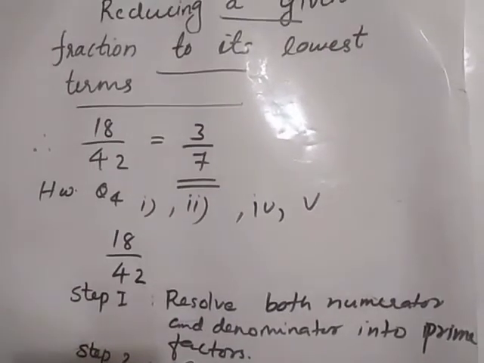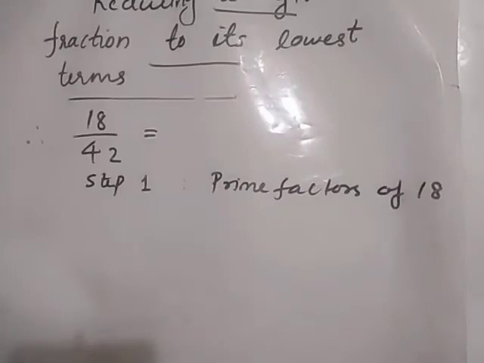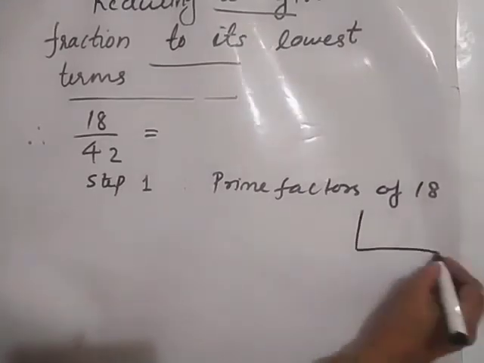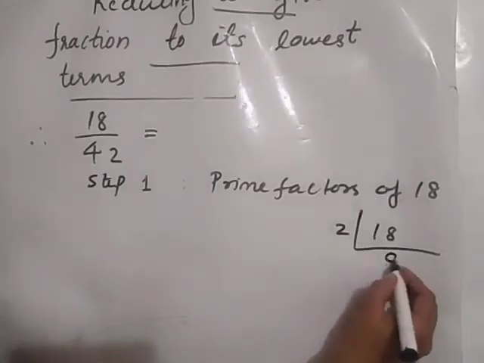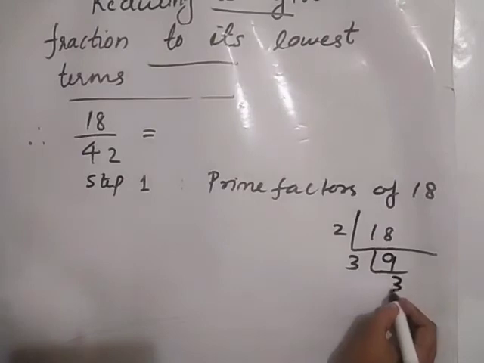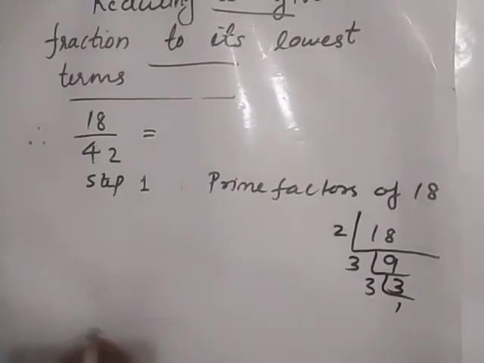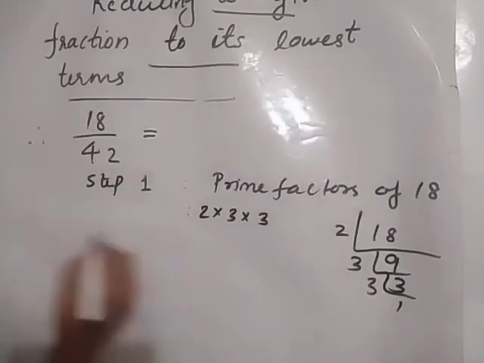Okay, let us do that method also. The first step is to find the prime factors of 18. 18 is divisible by the prime number 2, giving 9. Again, 9 is divisible by the prime number 3. 3 threes are 9. So 2 into 3 into 3 gives 18.